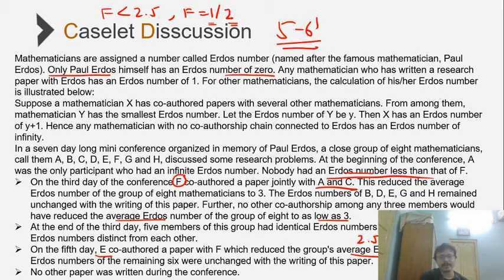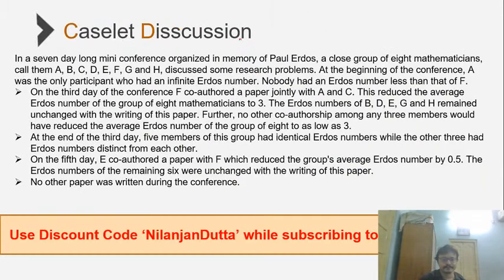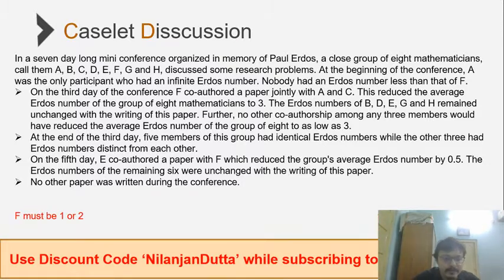So let's see how we can go about solving this set. As we identified, the key is to get the value of F, where F can be either 1 or 2. So let us look at the clues here. F must be 1 or 2, that is for sure, because the average now is 2.5, which means F is less than 2.5, so F is either 1 or 2. Now, if F is 2, then everybody else will be either 3 or more.